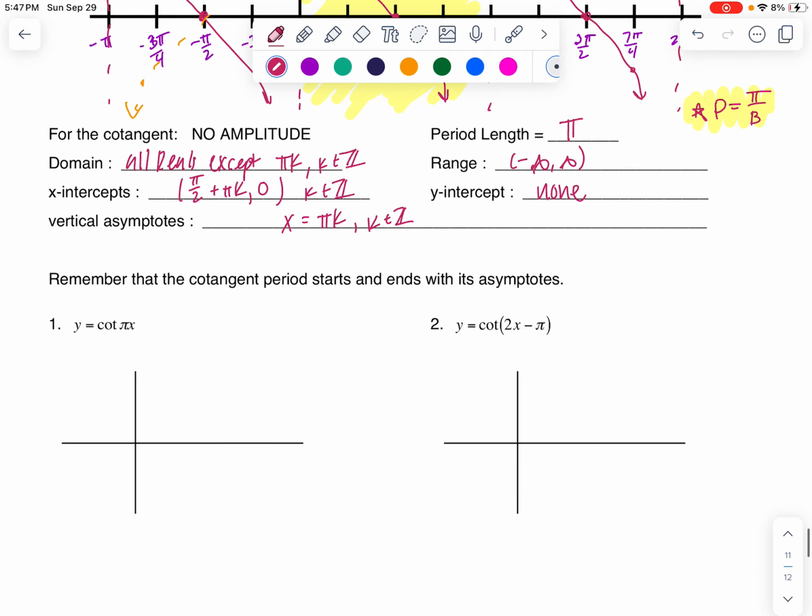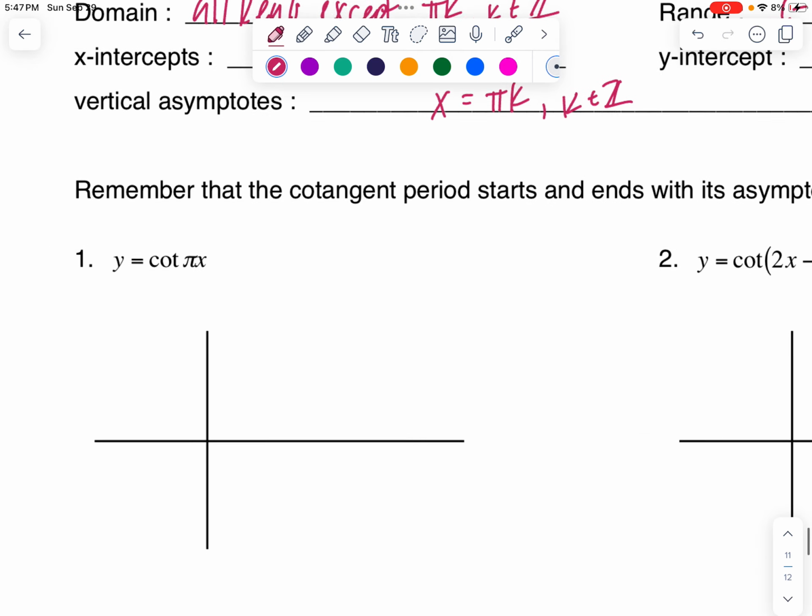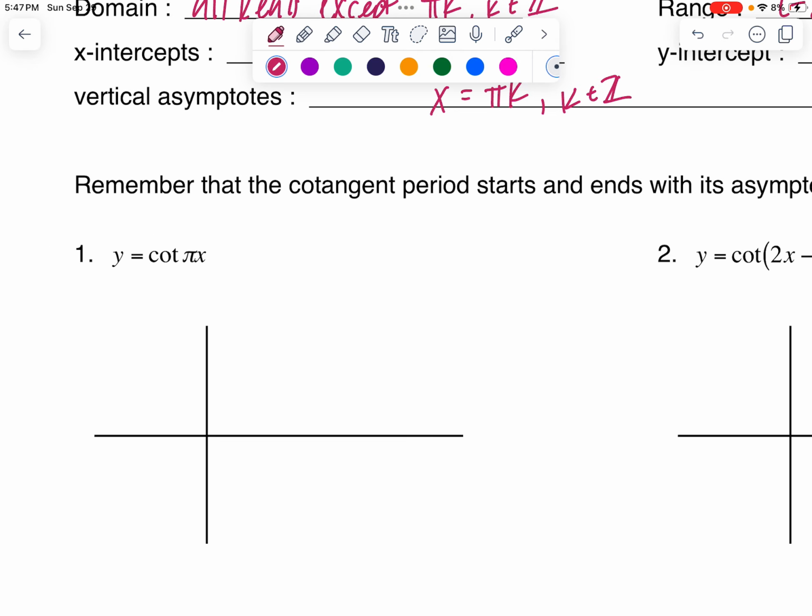Okay, so if I'm looking at these examples, here's my first one. It says y is equal to cotangent of pi times x, sorry. So here we do have a b value of pi. Again, we have to go and find the period length. It's going to be pi over pi. This period length is going to be 1. And then this time your units is going to be 1/4.